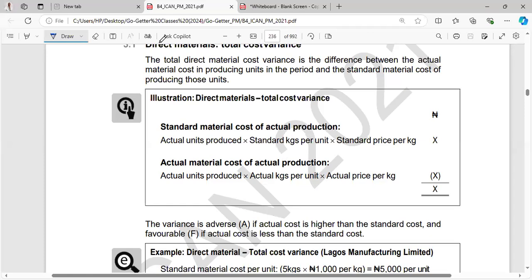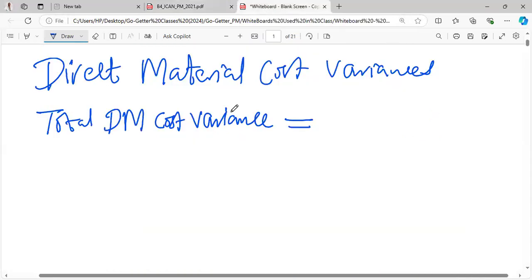So we can do it this way. We can form a formula for it here. So we can say both of them are actual volume.